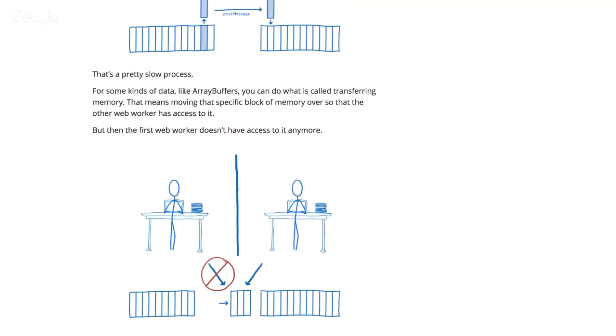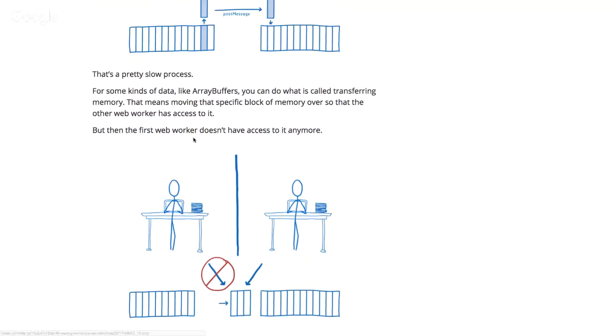For some kinds of data like array buffers, you can do what is called transferring memory, as we just talked about. That means moving that specific block of memory over so that the other web worker has access to it.